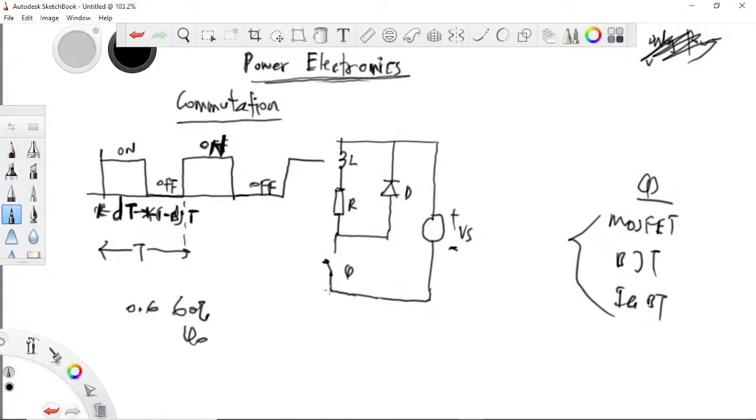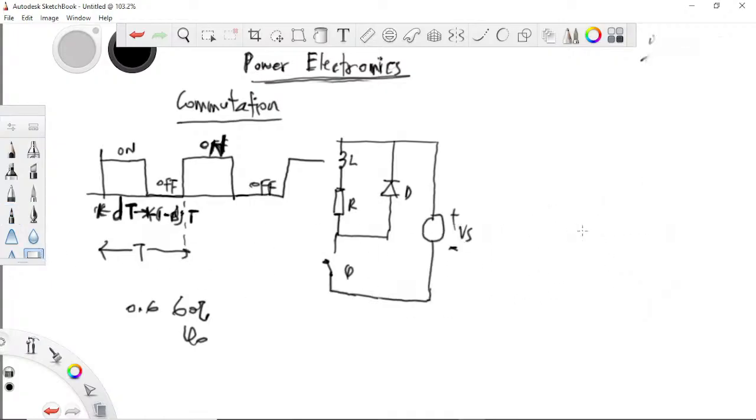Concept building up. Now let's see what's happening here.